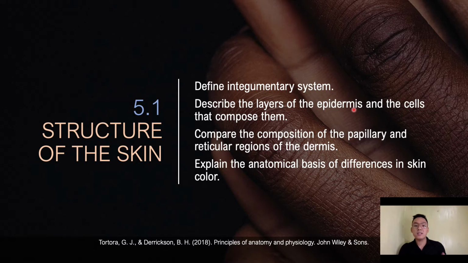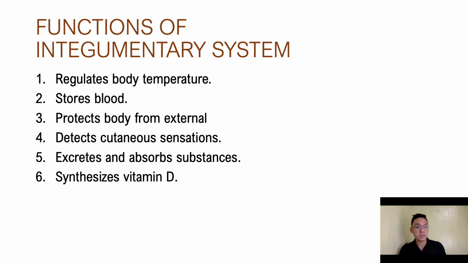Of all the organs in your body, none is more easily inspected nor more exposed to infection, disease, and injury than the integumentary system. So we're looking at the functions of your integumentary system, and later in this discussion, we will look at the full explanation for these functions.